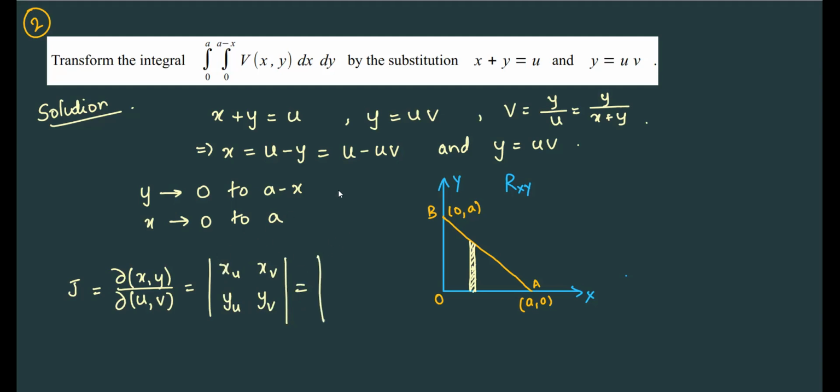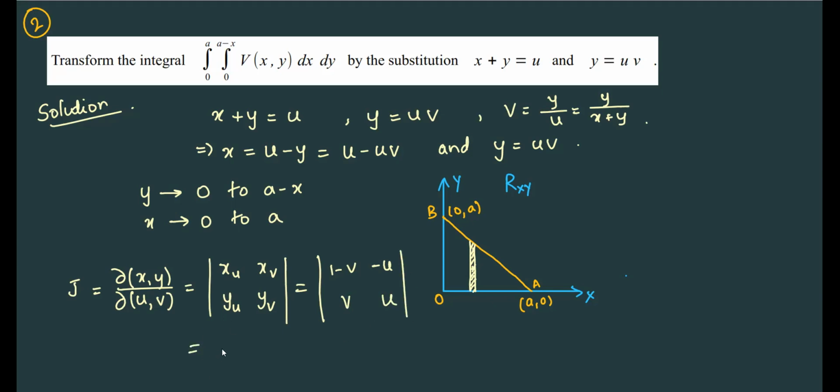Differentiating x with respect to u, we get 1 minus v, and x with respect to v, we get minus u. Differentiating y with respect to u, we get v, and y with respect to v, we get u.